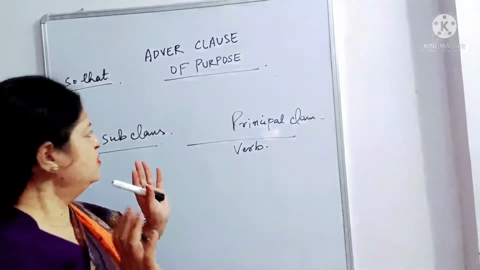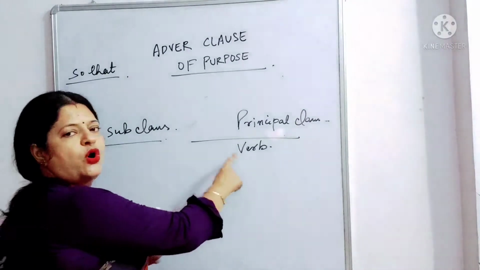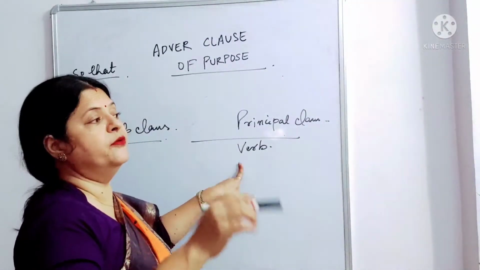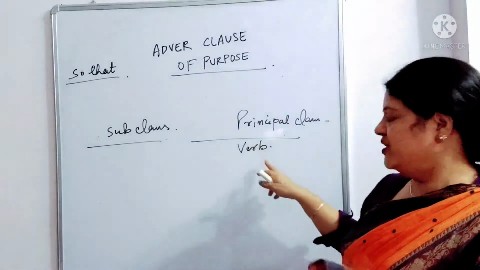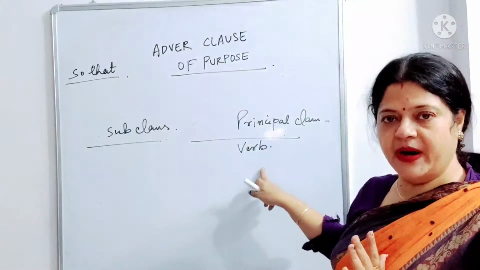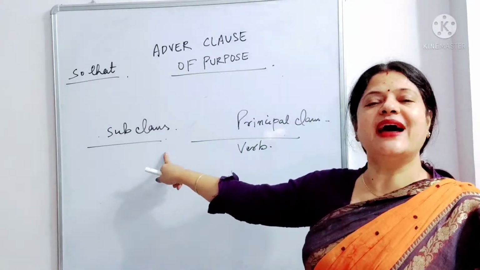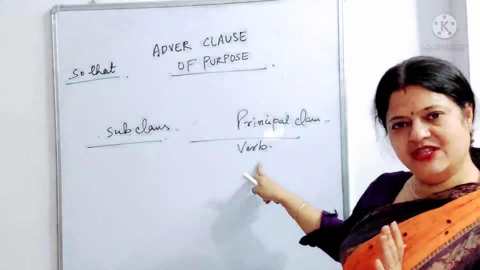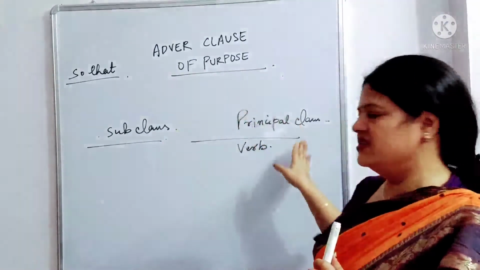Okay. So the subordinate clause actually shows the purpose of this principal clause. Purpose of the verb of this principal clause. Let me come to this side. Actually, this verb has some purpose and the subordinate clause shows that purpose of the verb of the principal clause. Okay. So subordinate clause, principal clause.